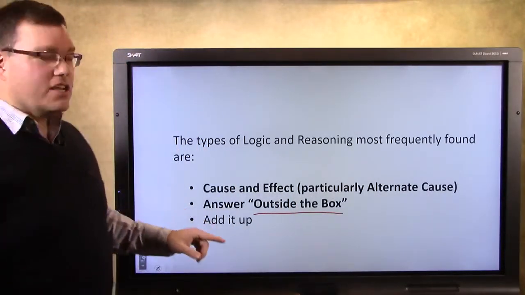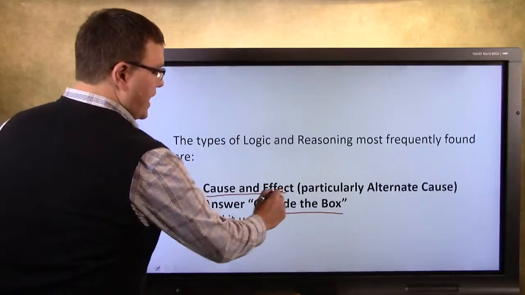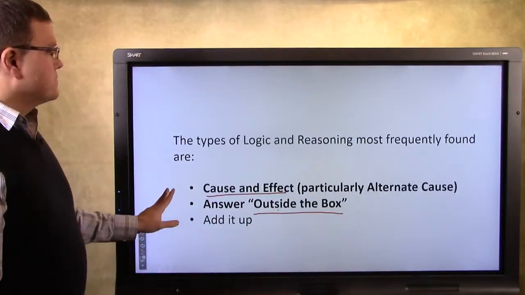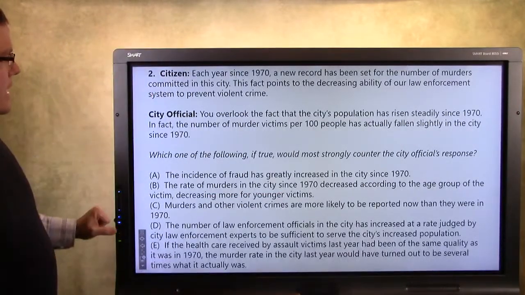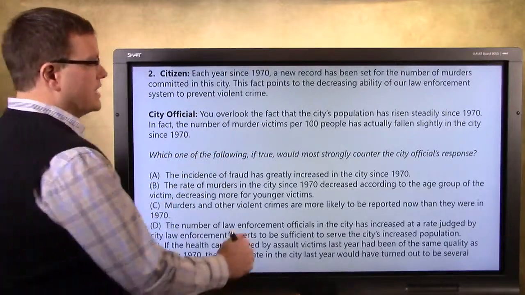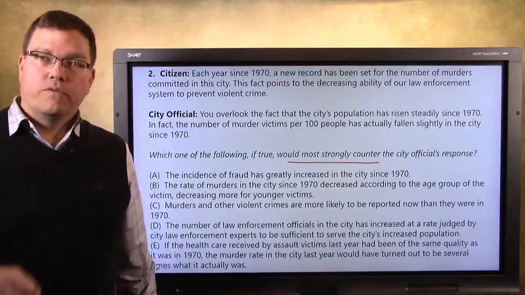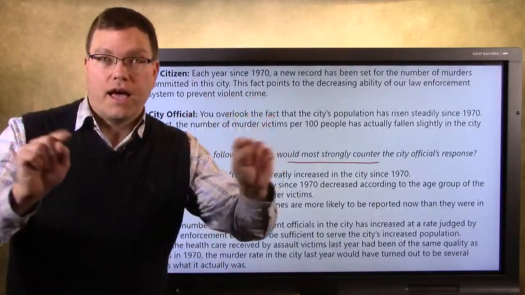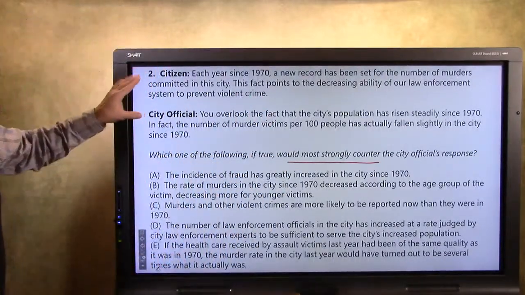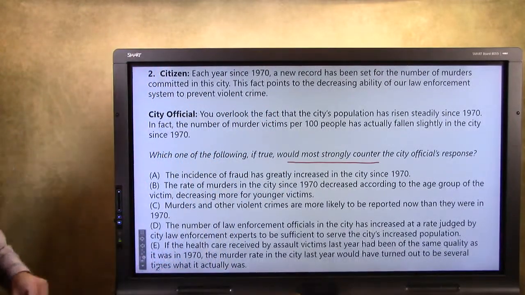Well, let's look at a question that has cause and effect and outside the box. Okay, so here we have our second question. This question is going to be a weaken, because we're going to most strongly counter. So if you can find cause and effect, find an alternate cause. Okay, so this is question number 2. Take like 90 seconds on this one.